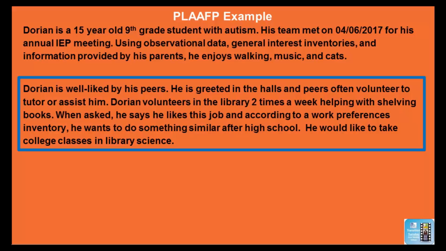In this paragraph, there is another age-appropriate transition assessment that has been given to the student, a work preferences inventory, and it also talks about his current volunteer work at the library. This information is important in developing Dorian's employment and training and education post-secondary goals, as well as providing student input.